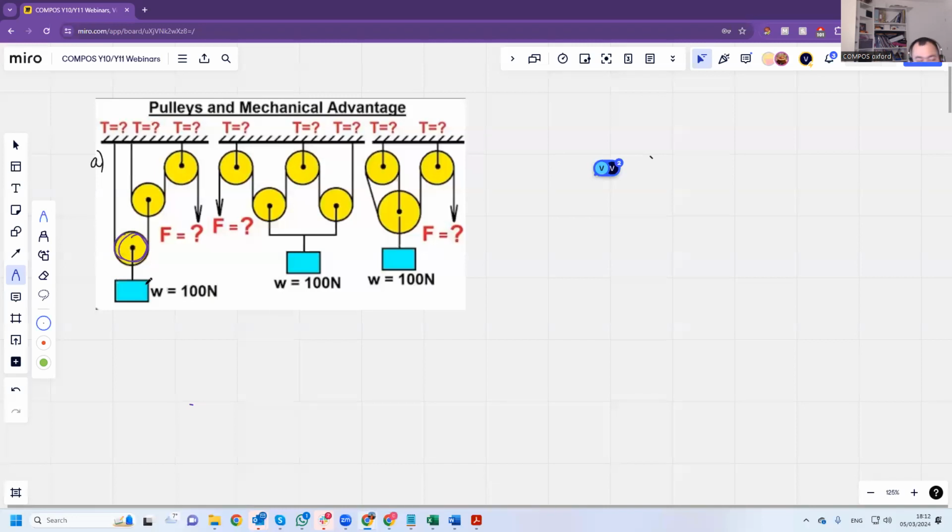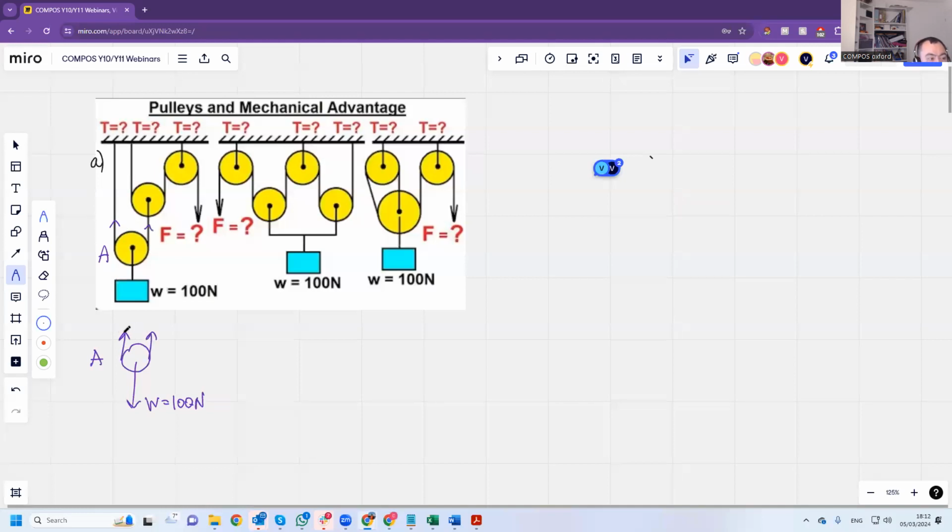Let's call it pulley A. There's a downwards force of 100 newtons, so the weight is equal to 100 newtons. Now, upwards, there are two equal forces.